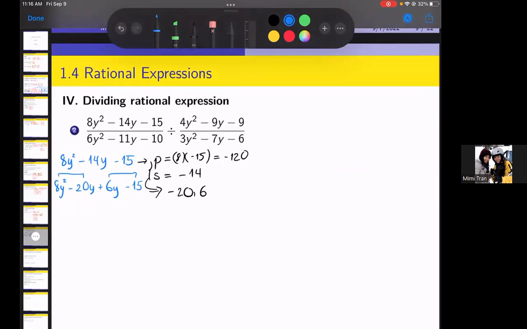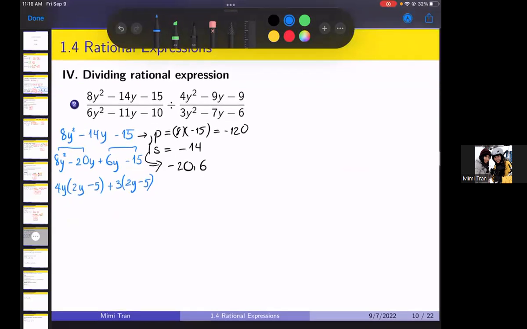First group, I can factor out a 4y. So what's left is 2y plus 5. Oh, sorry, minus 5. The second group, I can factor out a 3. So what's left is 2y minus 5 again. 2y minus 5 times 4y plus 3.